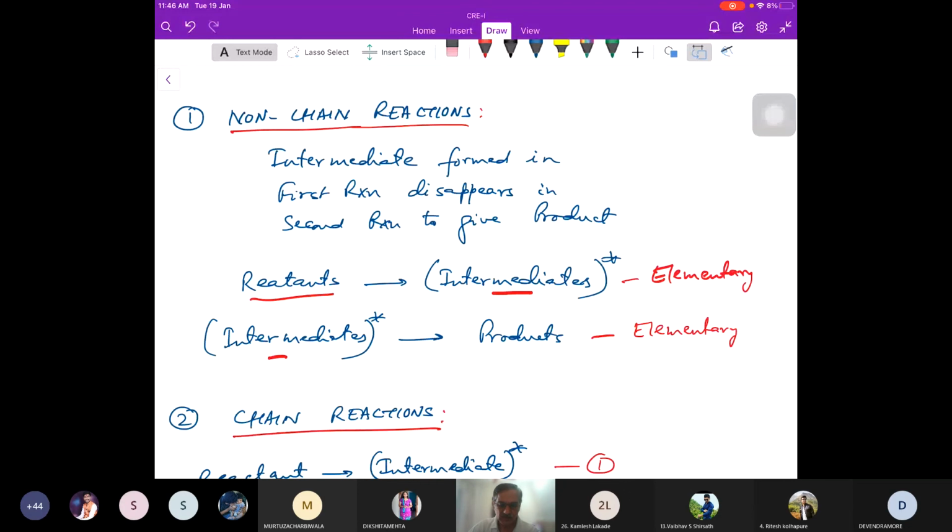So when you try to derive a rate equation for the overall reaction based on these elementary reactions, we'll combine these in a way so that we can get the experimental rate equation.